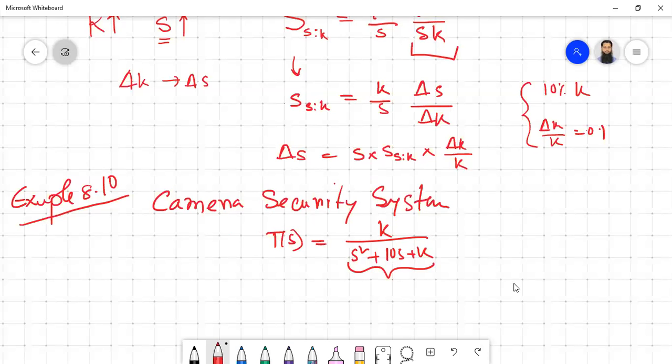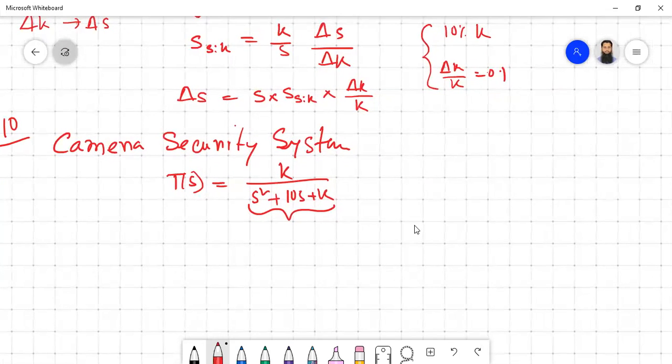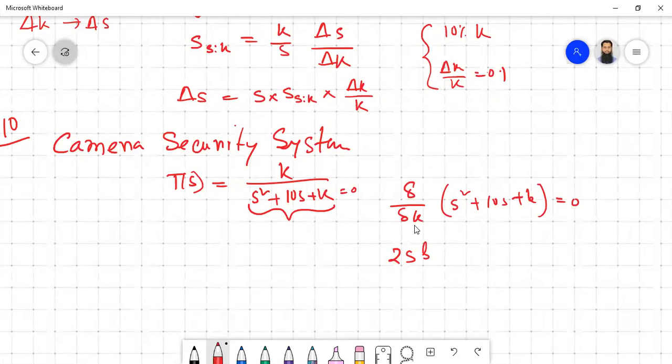Based on that, we can find the derivative. Del by del K of S square plus 10S plus K equal to 0. So now we have 2S del S by del K plus 10 del S by del K plus 1 equal to 0.